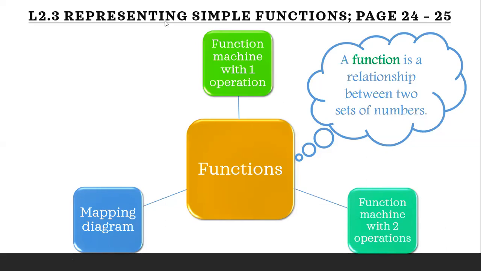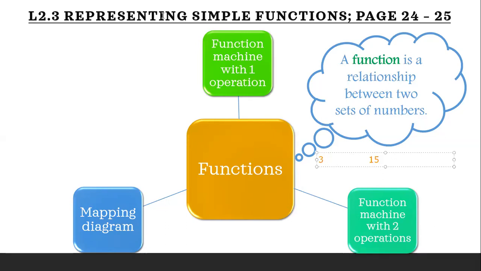If I said that I want to connect the 3 to, let's say, 15, what do you think the relation is? What's the connection? Can any one of you tell me? Yes, Laith.